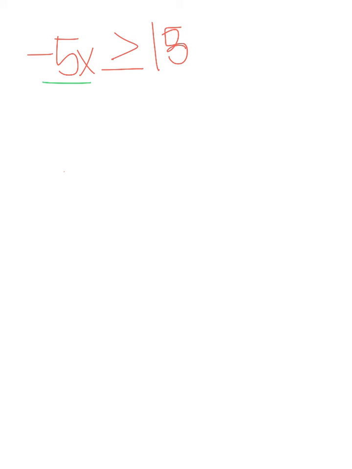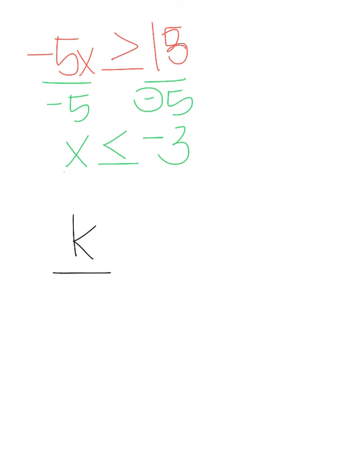So here we're dividing by a negative 5. Because I'm dividing by that negative, I get x is less than or equal to negative 3. The last one I want you to try is k over negative 2 is greater than 7.